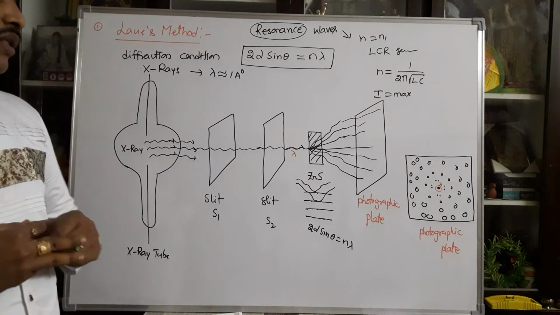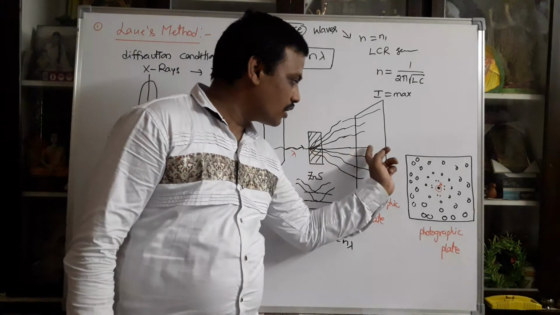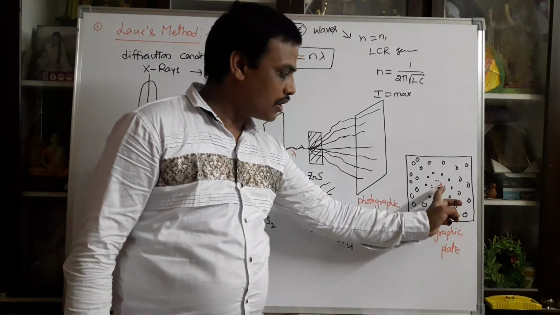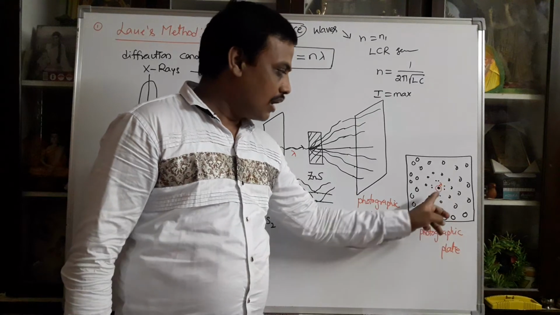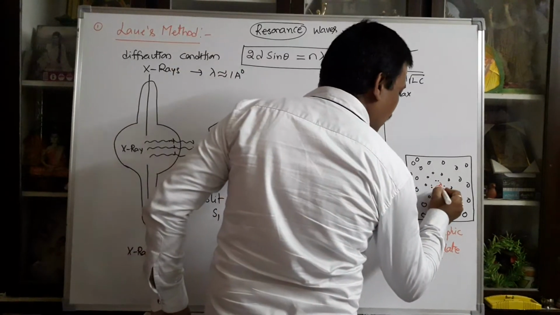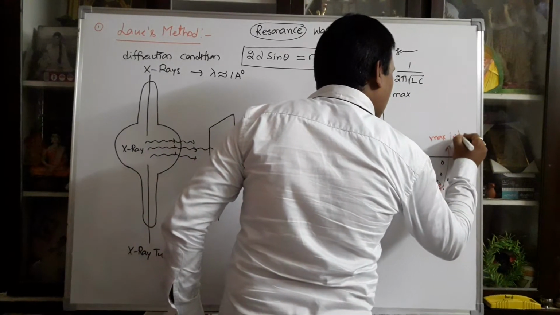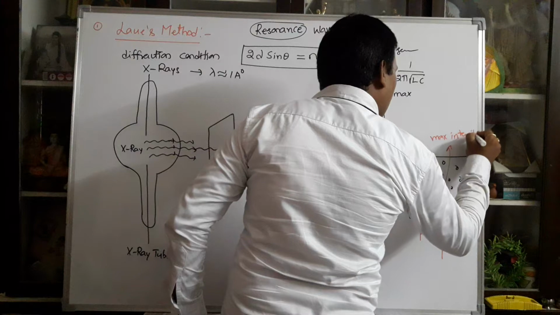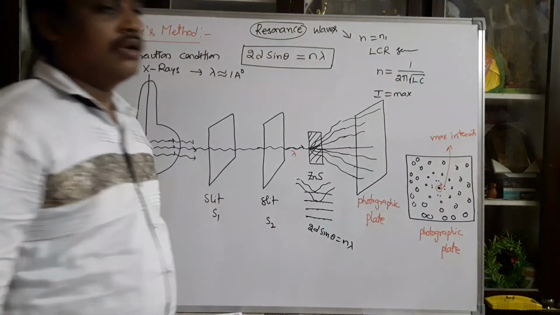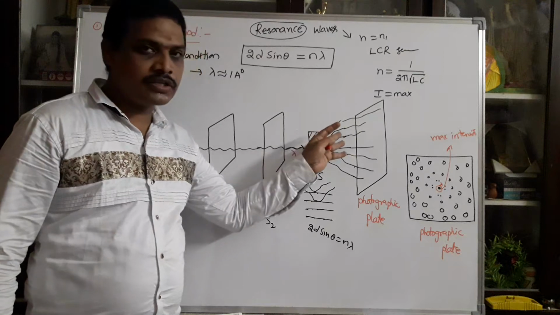The entire X-ray is incident on the central spot of the photographic plate. So at the center there exists the maximum intensity.